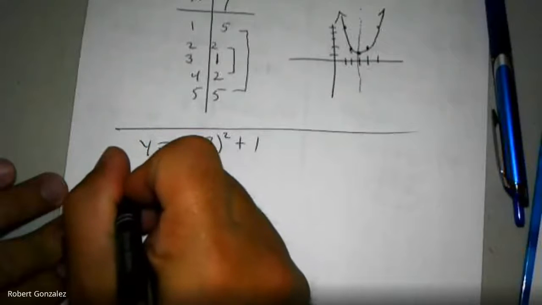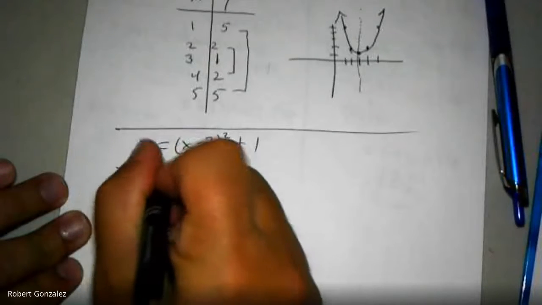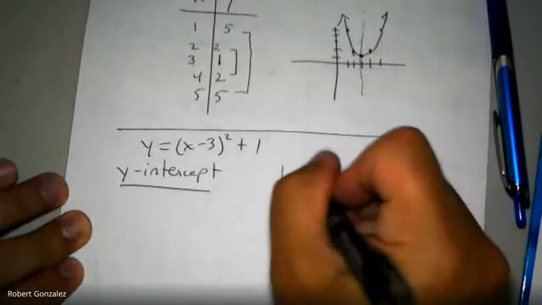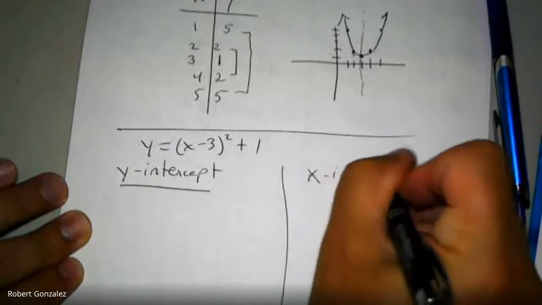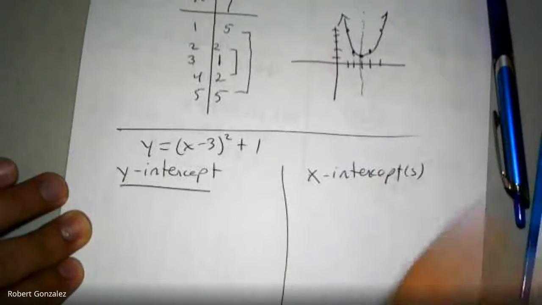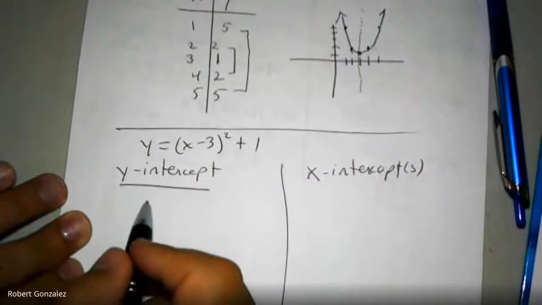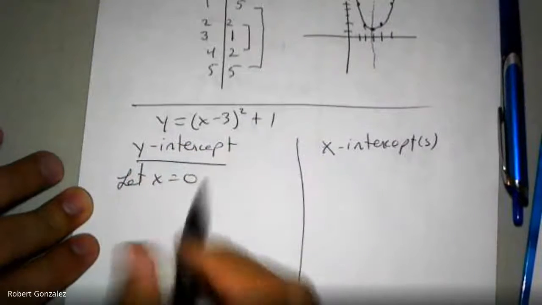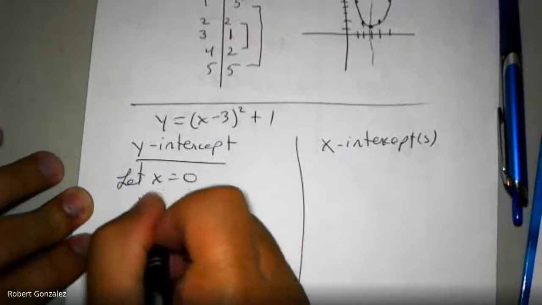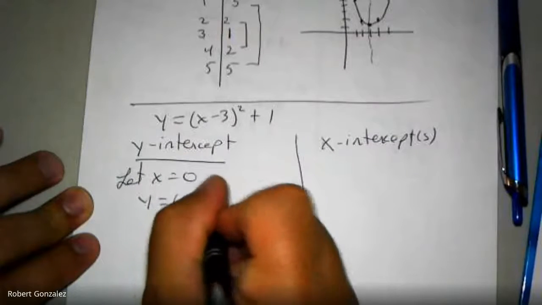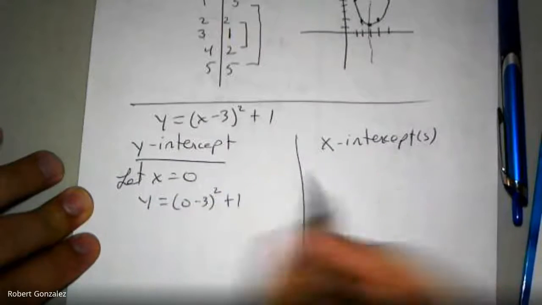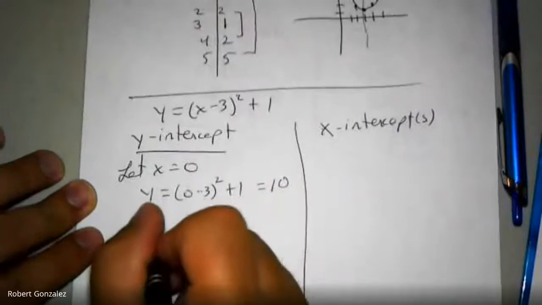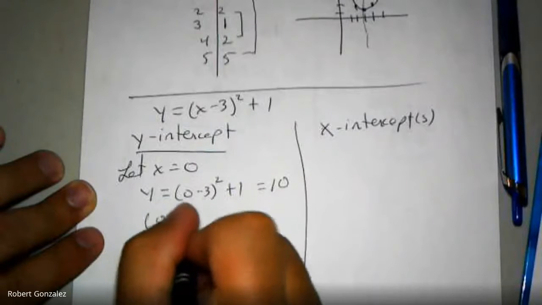I'm going to find first the y-intercepts, and then the x-intercepts. To find the y-intercept, we let x equal 0 and solve. So y equals 0 minus 3 squared plus 1. That's 9 plus 1, 10. And I write my y-intercept as 0, 10.